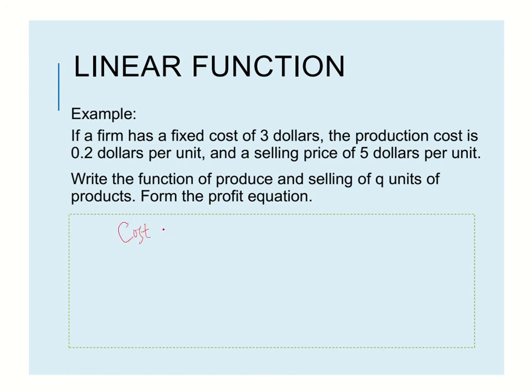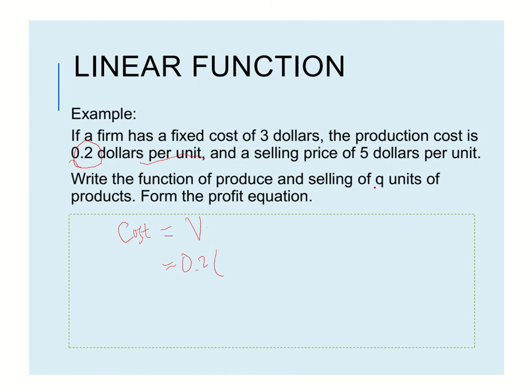The cost function, we know that it will be the variable cost. What is the variable cost? The variable cost is $0.2 per unit. Each unit is $0.2. So we take $0.2 multiplied by the quantity.